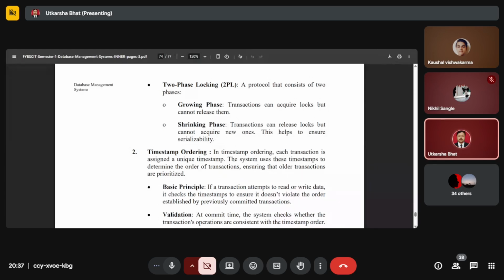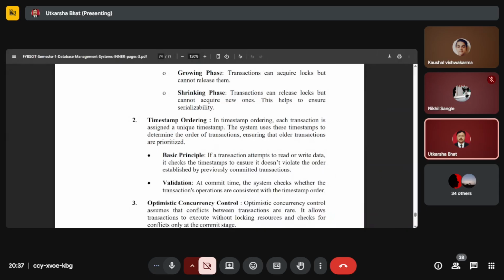Basic principle, validation: if a transaction attempts to read or write data, it checks the timestamp to ensure it does not violate the order established by previously committed transactions. Validation: at commit time, the system checks whether the transaction's operations are consistent with the timestamp order.